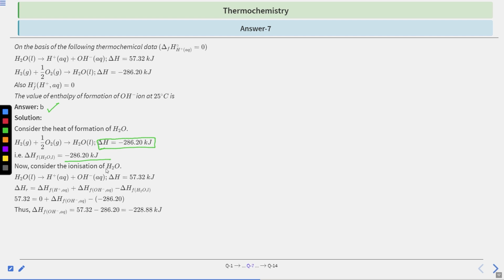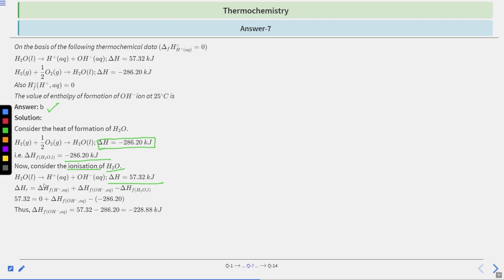Now consider the ionization of H2O, which takes place according to the reaction given in the question also. H2O in liquid state will give H plus ions and OH minus ions in the aqueous solution, and del H for this reaction is 57.32 kilojoule, right? So the enthalpy of reaction will be equal to the enthalpy of formation of products minus reactants, right?